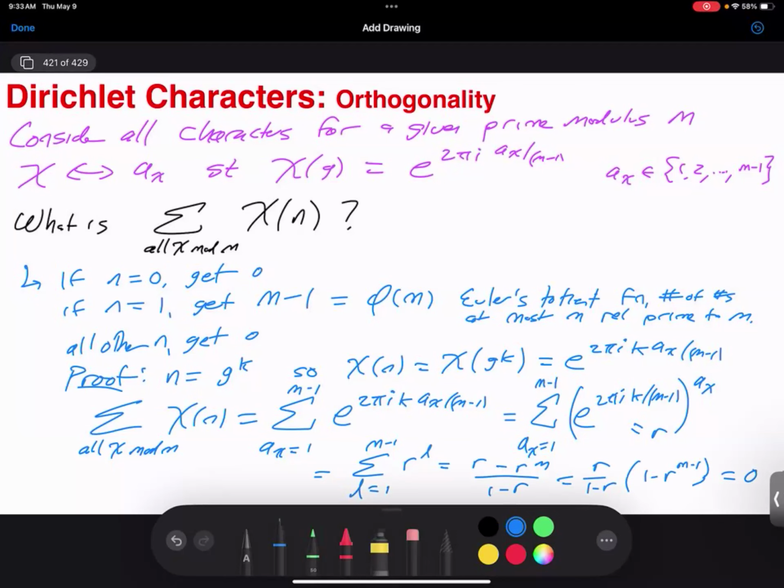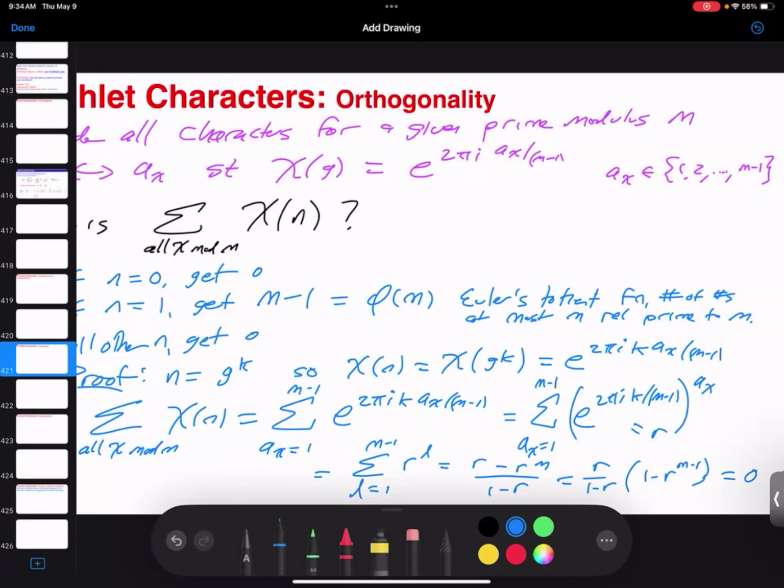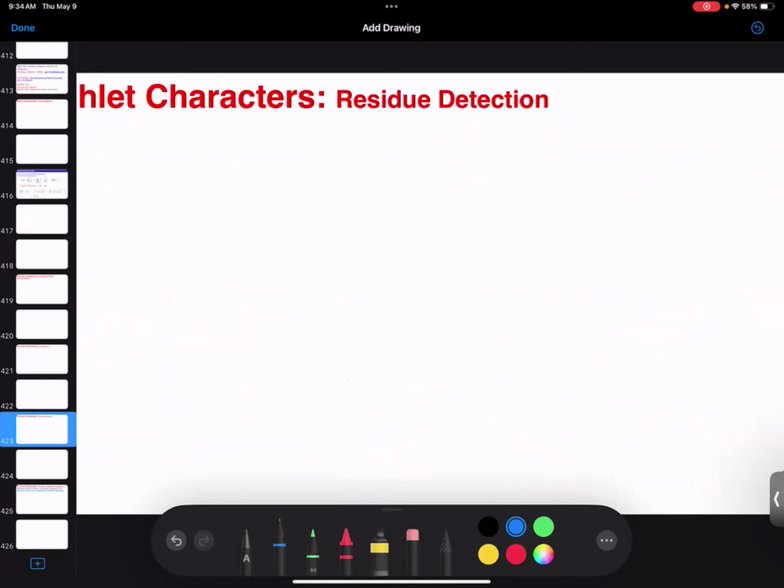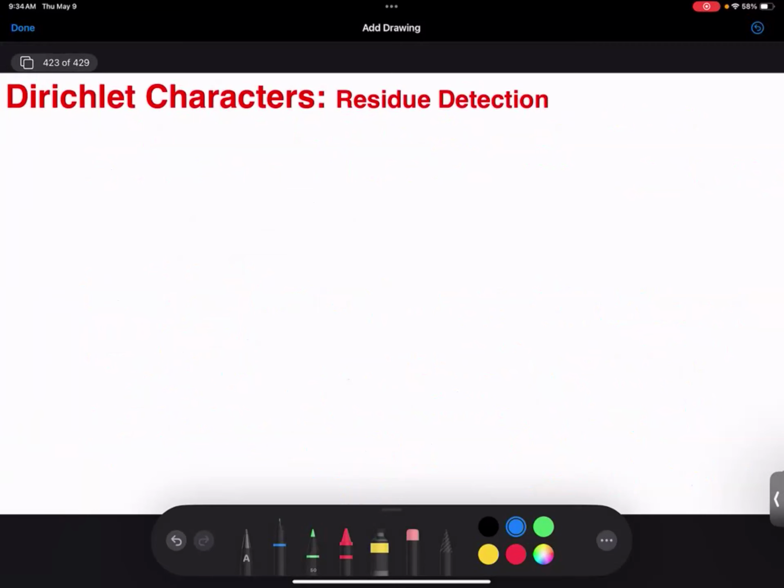This shows you the power of this group homomorphism. It allowed me to detect whether or not n is equal to 0, 1 mod m, or something else. Okay, so we can use this to detect a residue.